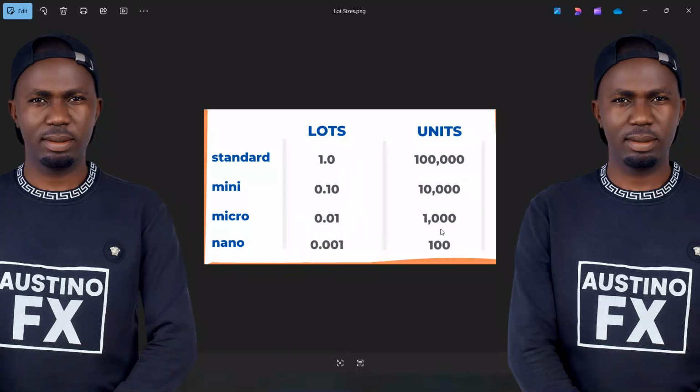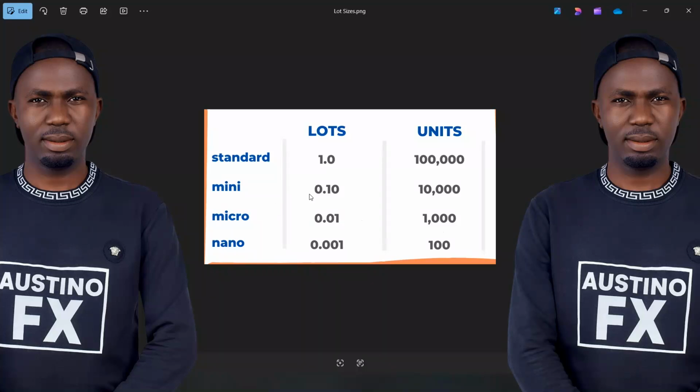If your capital is $500, please use the micro lot size. It can be from 0.01 to 0.05, right? That is the micro lot size.